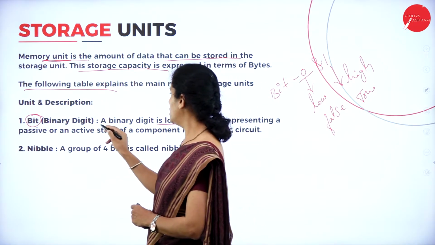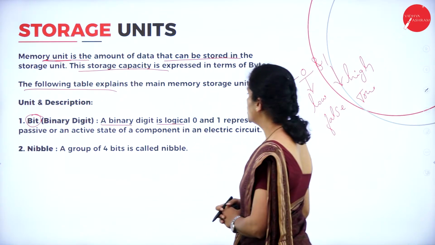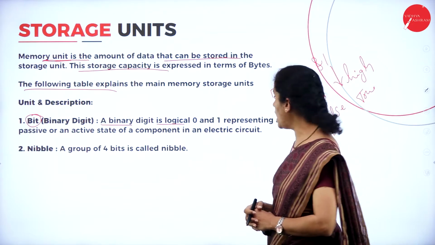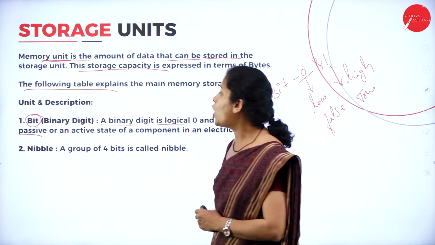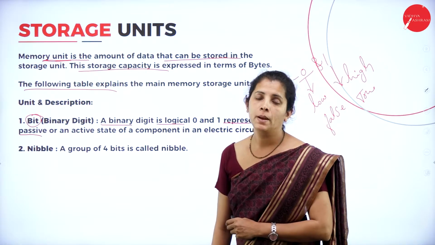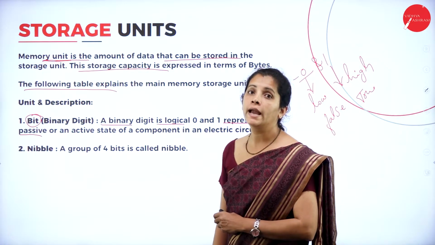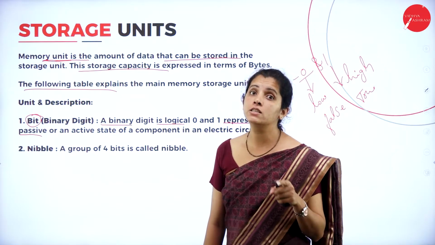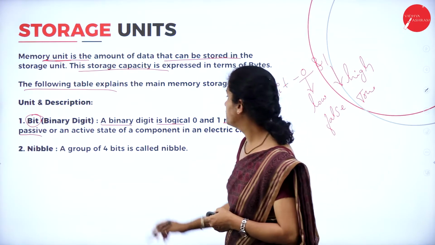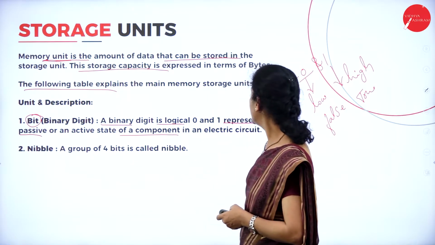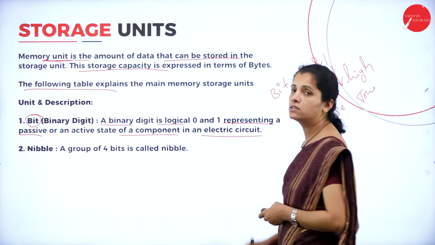So a binary digit is logical 0 and 1, representing a passive or active state. Passive means what? Inactive state, that is the 0 state. Active state means what? It is 1, in an electronic circuit of a computer.